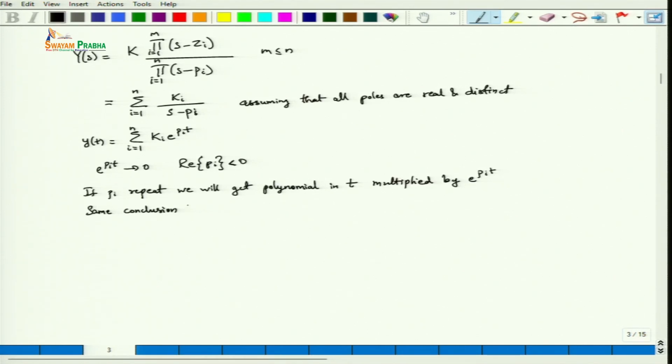So in terms of stability we get the same conclusion, that is, the system will remain stable.